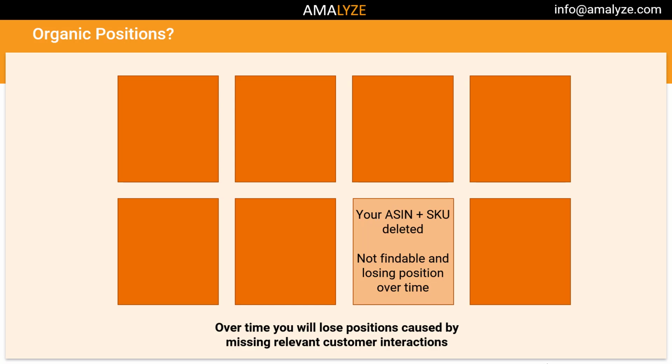That is caused by the missing relevant customer interactions for your ASIN. So the Amazon algorithm cannot judge you. They have only the old data in mind, and then the normal average 7 days, 30 days data and so on will go down. That's also a reason why you can delete, for example, seasonal products. Of course, then for the seasonal search terms, no search volume and no interaction of customers will be happening.